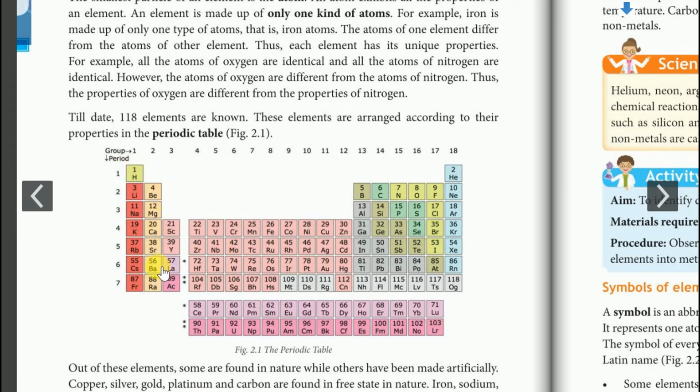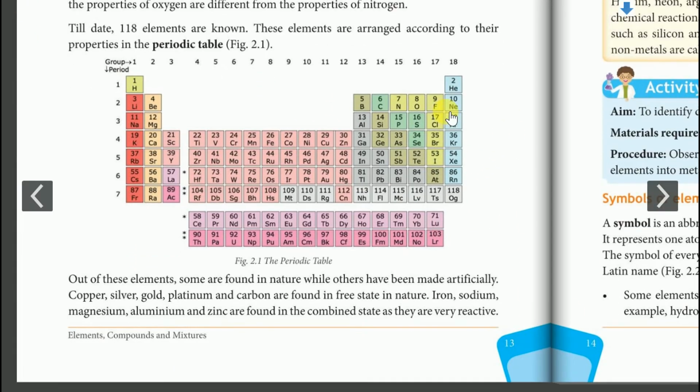Beryllium, magnesium, calcium, strontium, barium, radium, they are collectively called alkaline earth metals. Helium, neon, argon, krypton, xenon, radon, oganesson, these are collectively called inert gases. Fluorine, chlorine, bromine, iodine, they are collectively called halogens. So these are the simple format of this periodic table.